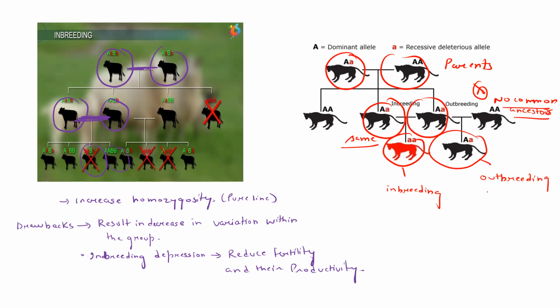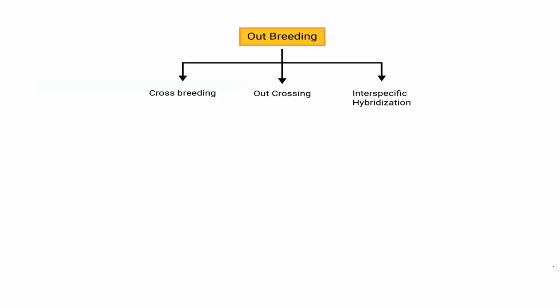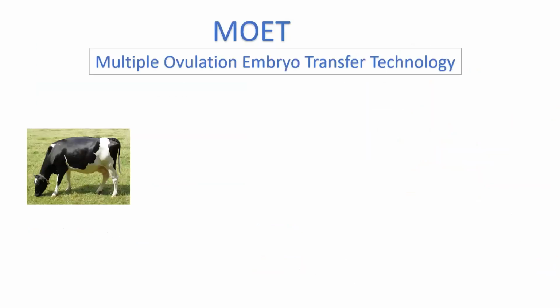And outbreeding is of three types: outcrossing, crossbreeding, and third, interspecific hybridization. So this is outbreeding.